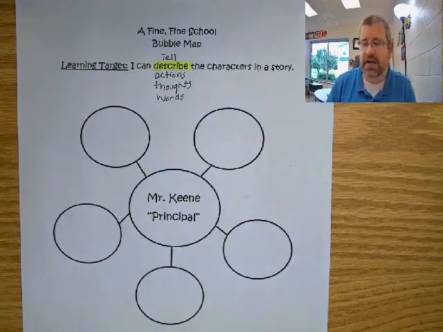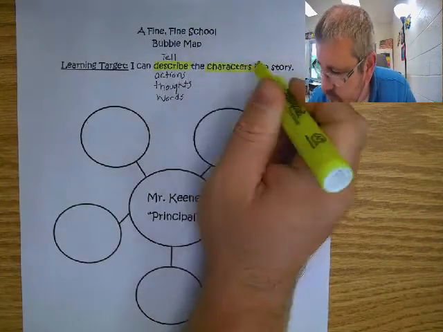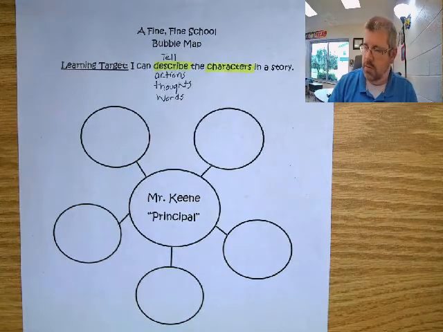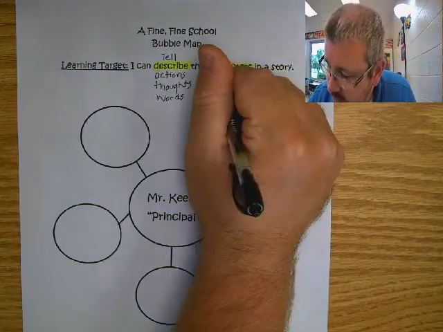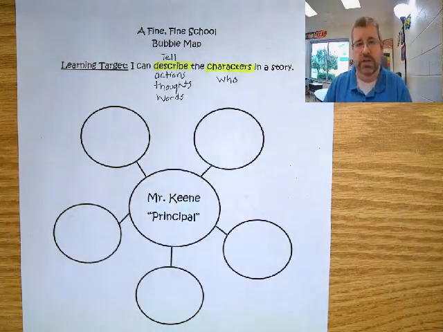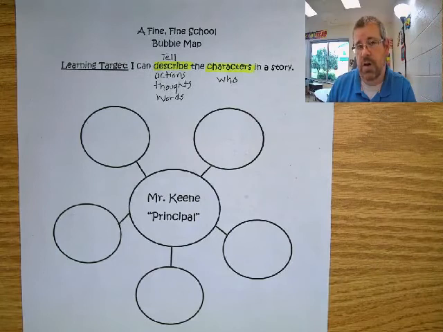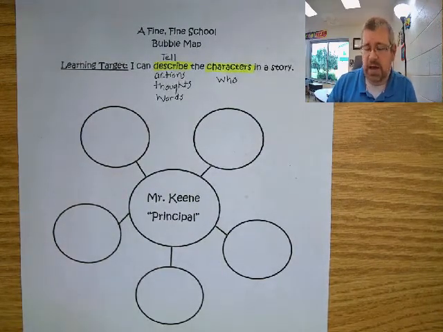The next word we're going to look at is characters. Characters is simply the who in a story. So who are we going to look at right now? Mr. Keene. So let's go ahead and begin.